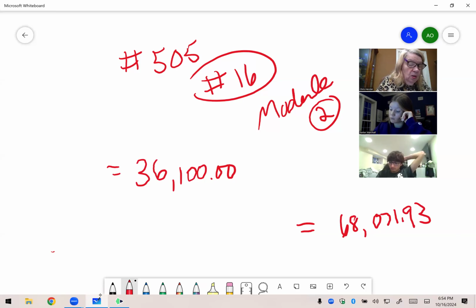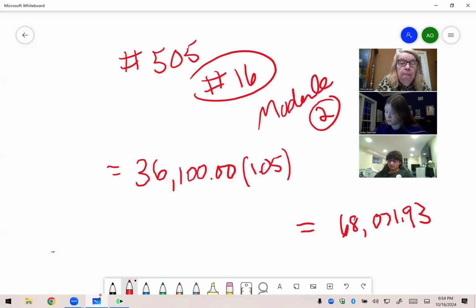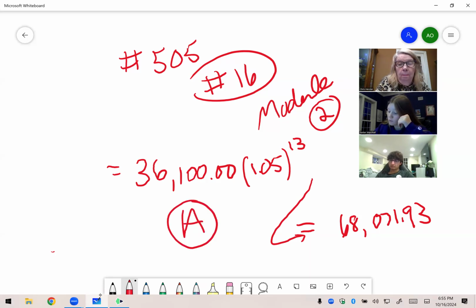Okay. So question to Jason, do I want to pick 1.05 or just 0.05? Yes, 1.05. Good job. And so all I would have to do is put 13 in here, and if you put that in your calculator, it'll come out to A. Also, just a quick suggestion from me.